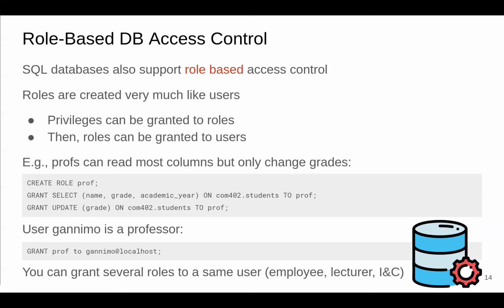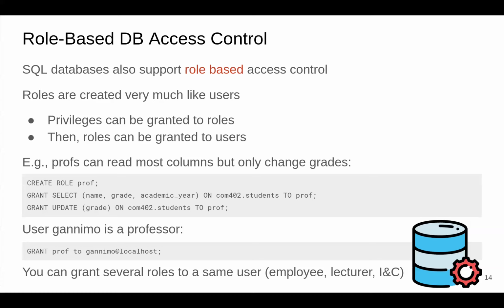You can then grant several roles to the same user. So this is role-based access control to just make things simpler if you're running a really large database, thereby distributing the load of it so that you can reuse this. Right? Remember, role-based access control from Monday allows you to break this up into a bunch of bits and pieces.